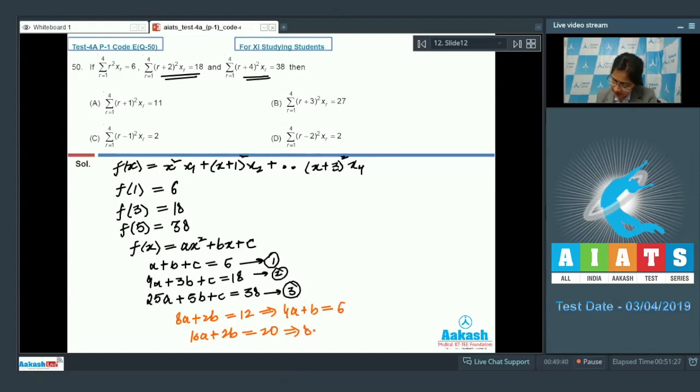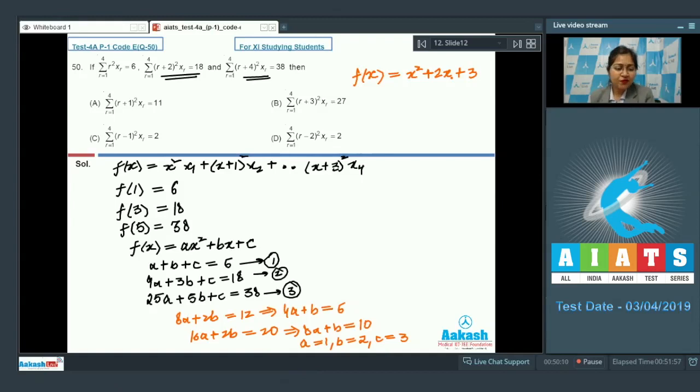That is 8a plus b is equal to 10. So if I solve this, we will get the values of a, b, c as a equal to 1, b equal to 2 and c equal to 3. So putting these values back, we can find the function f(x) equal to x square plus 2x plus 3. This is the function f(x).